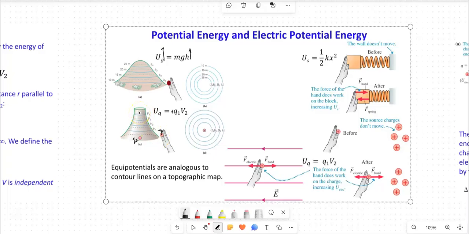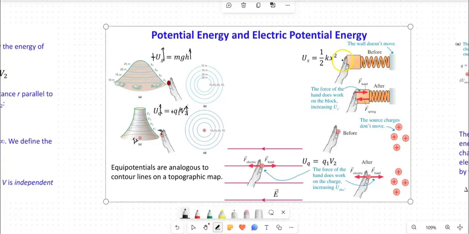From this little Q1's perspective, it sees a mountain that it has to climb. Both of these are essentially the same concept. The potential energy due to gravity would be increasing here. And since you're multiplying a positive Q times a positive voltage, those are positive heights, and the voltage is increasing here, the potential energy would also be increasing here.